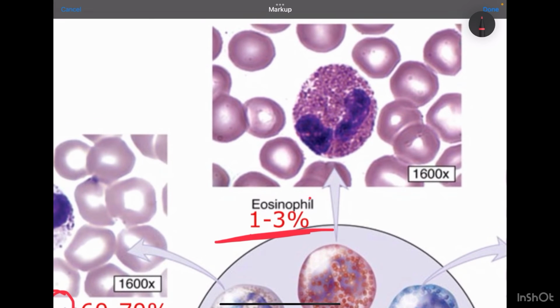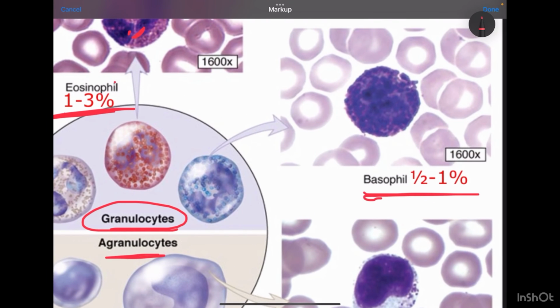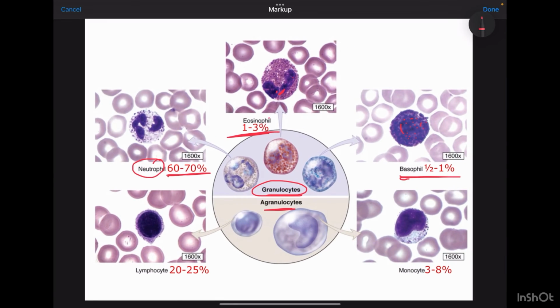On the other hand, we have the eosinophil, which has two lobes connected by some kind of chromatin thread. Basophil, on the other hand, is different. It has many granules, as we can see here. We can't even see the nucleus. Those are the granulocytes.